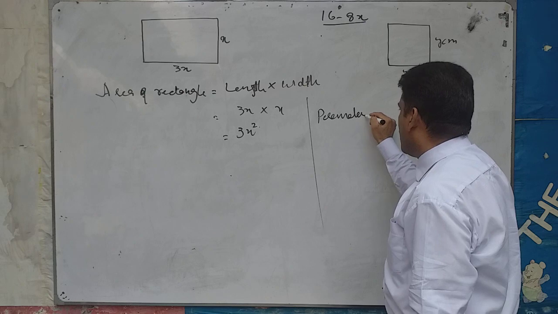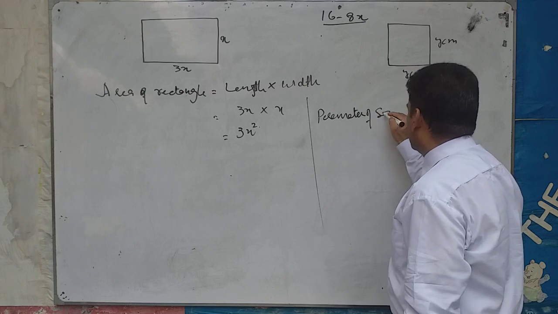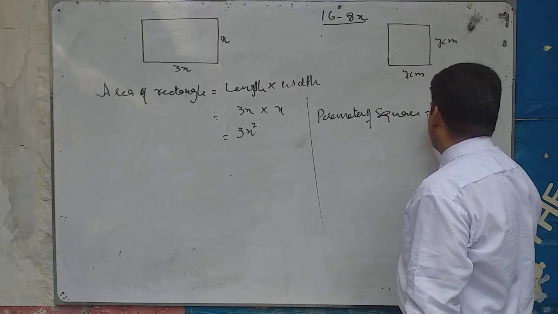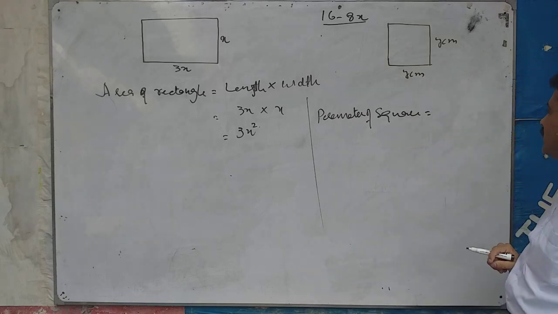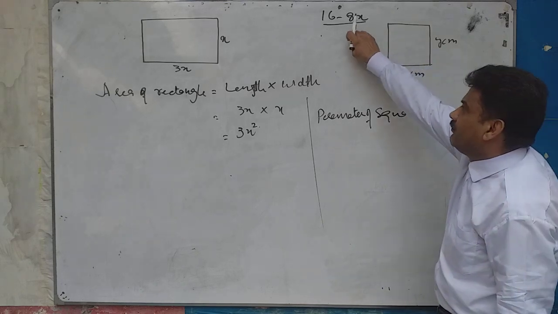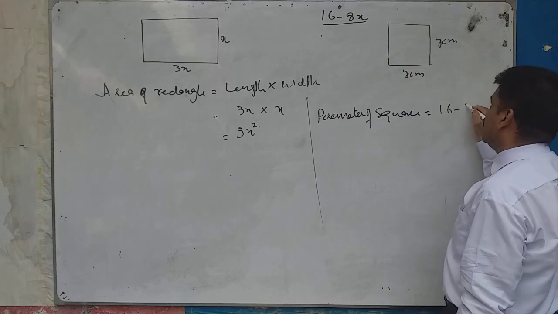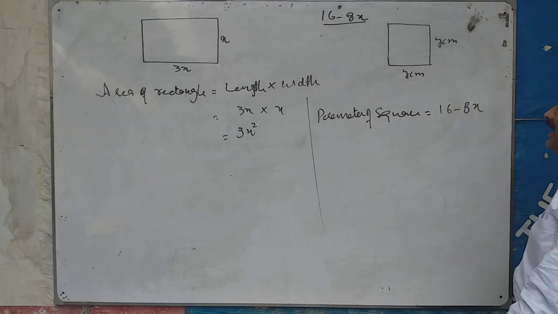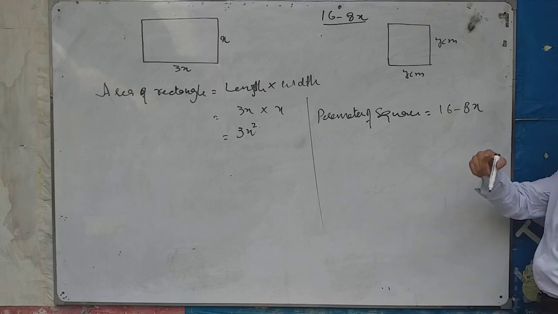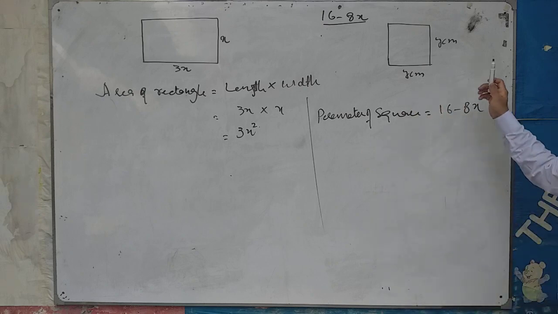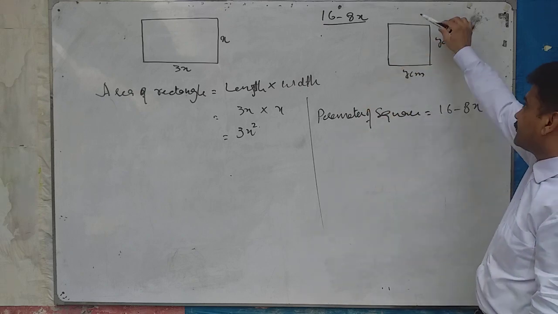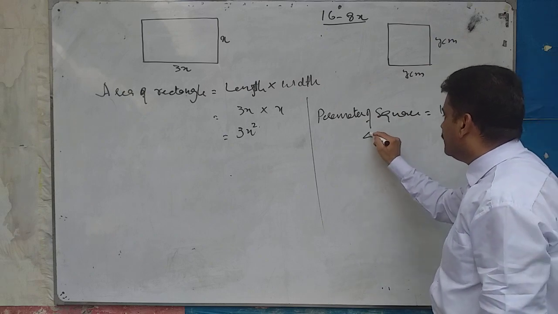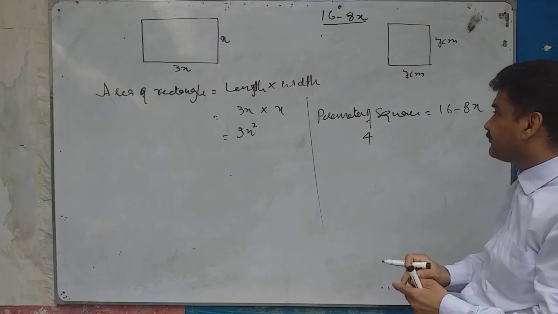We know that the perimeter of square is 4 multiplied by one side, which is y.